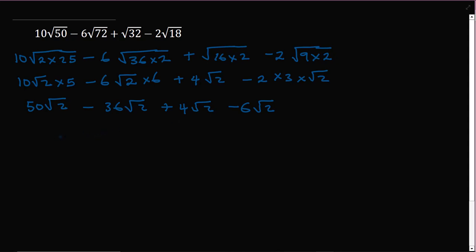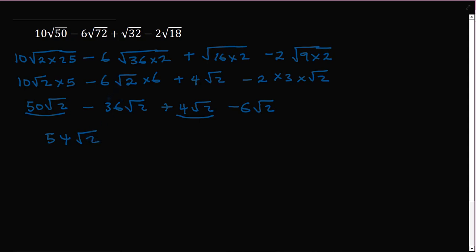Okay, so from this very point, we can simply combine and look for a possible way to make things easy, right? So let's see. 50 plus 4 gives us, I want to take this and this, so it gives us 54√2.